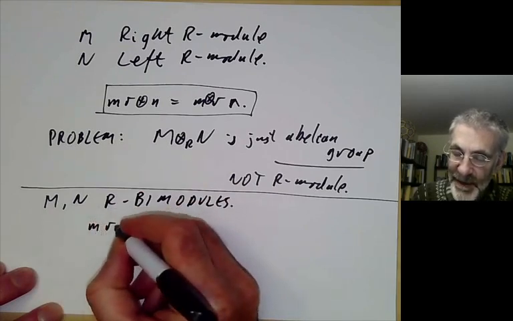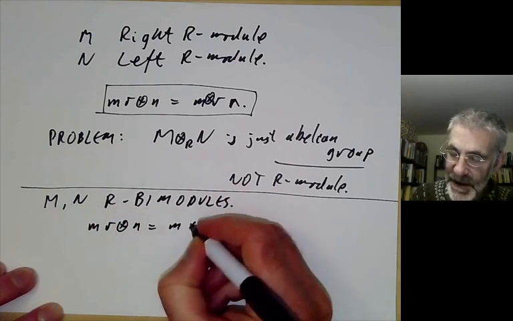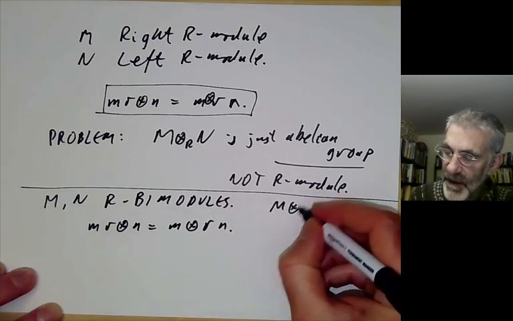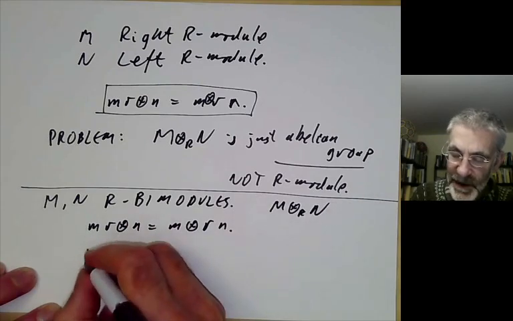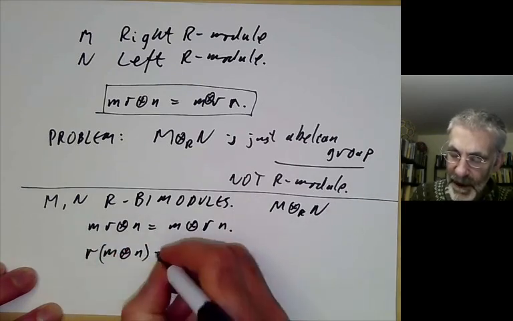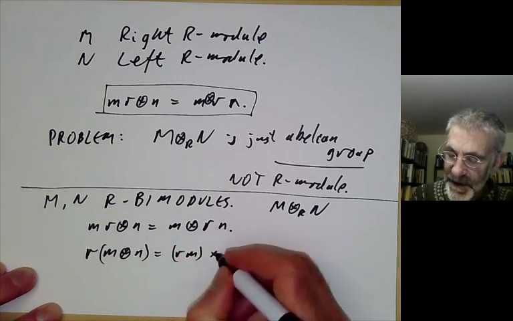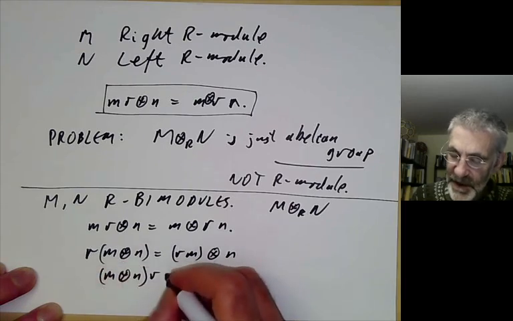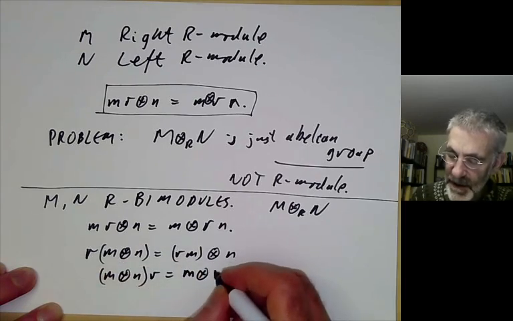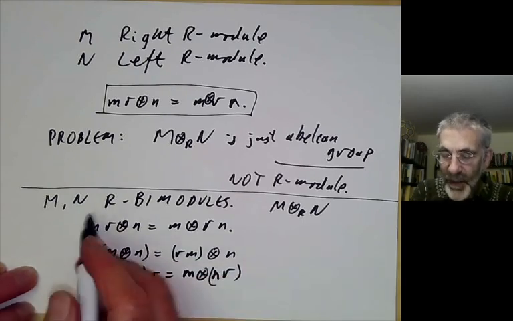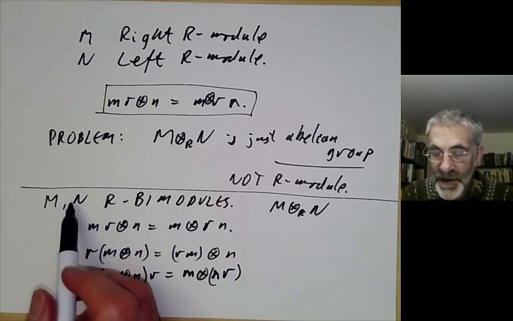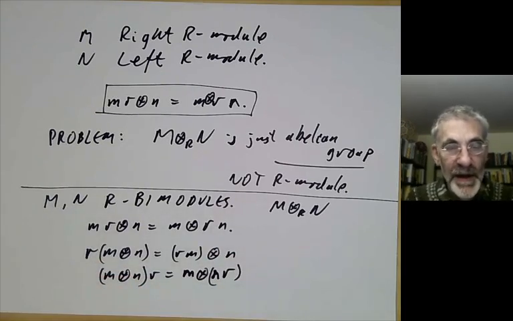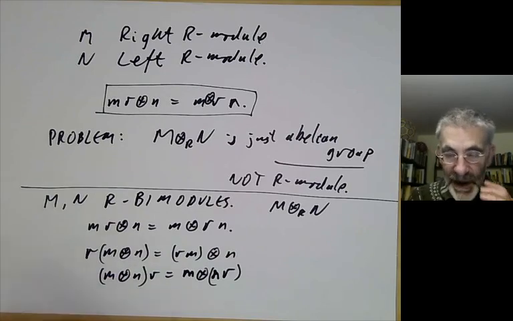So you have the relation mr tensor n equals m tensor rn, that's fine, and you can define the left action of R on this bimodule by saying r(m tensor n) is equal to rm tensor n, and you can define the right action by saying (m tensor n)r is equal to m tensor nr. So for bimodules, the tensor product of two bimodules over R will be a bimodule, and everything works pretty much like the commutative ring case.